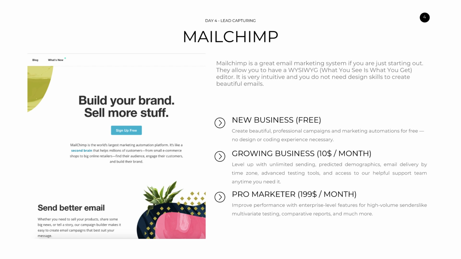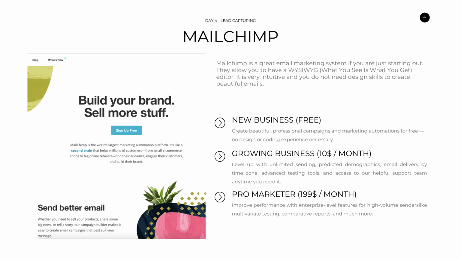They allow you to have a what you see is what you get editor, so you can type in something and you will see immediately how it will look afterwards. You can create your templates, and if you type in something, you will see how it will look in the end. This is called what you see is what you get. It is very intuitive, and you do not need design skills to create beautiful emails.